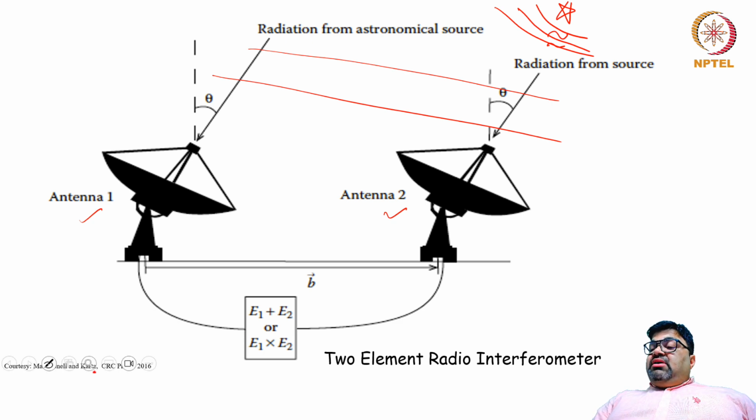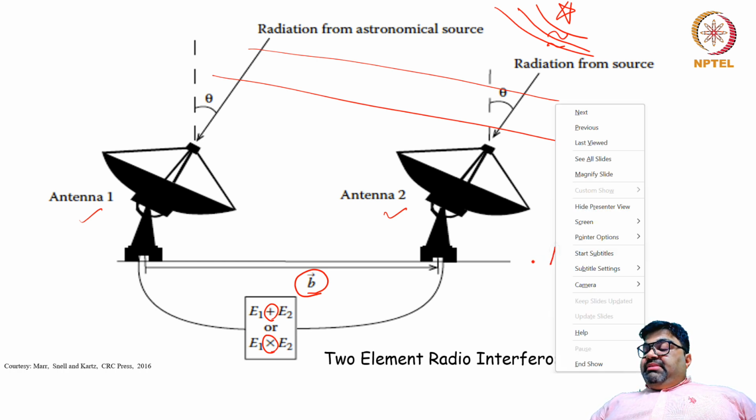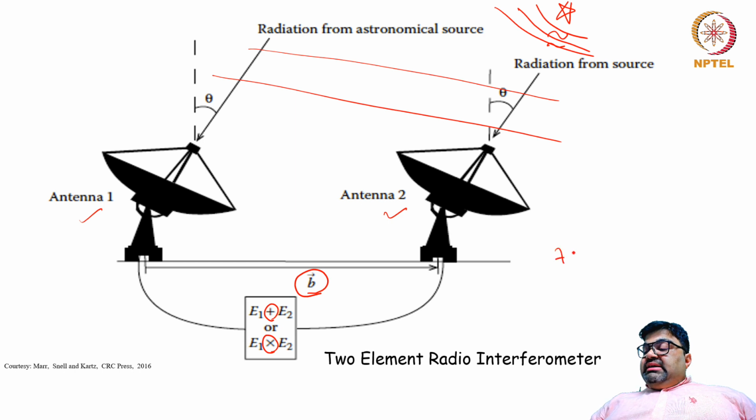So instead of a single dish, we now have multiple dishes, and we combine the signals collected from each of the dishes or antennas. They are simply reflecting antennas as we did before, and they are separated by some baseline B. They can be either additive or multiplicative. For today's lecture, we will restrict ourselves to multiplicative interferometers, but there is also the additive interferometer.